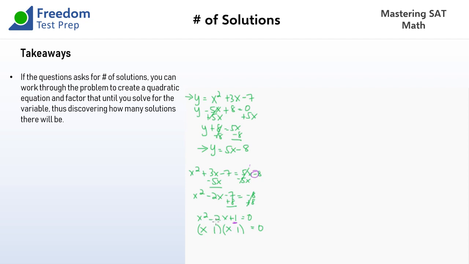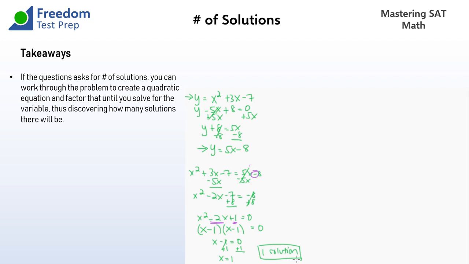We also want to get them to add to -2. So they multiply to this, and they add to -2, and you have to remember that sign. And so in order for them to add to -2, they're both going to be negatives. Since they're the same, we would set each one equal to 0, but since they're the same, we only have to do 1. And we get x equals 1. There's only one solution, okay? So one solution is the answer.